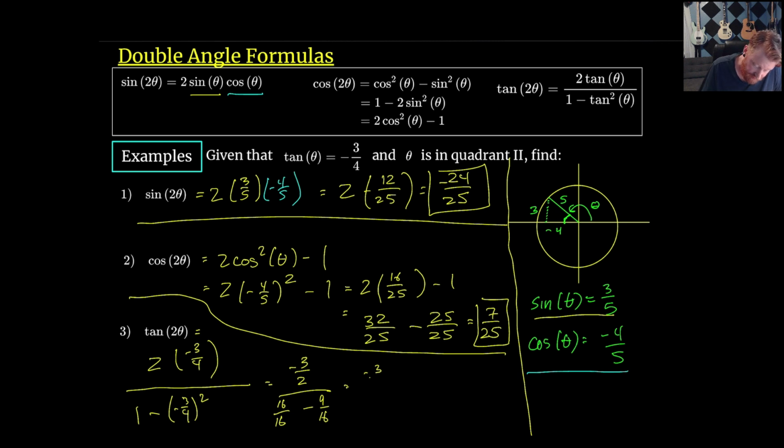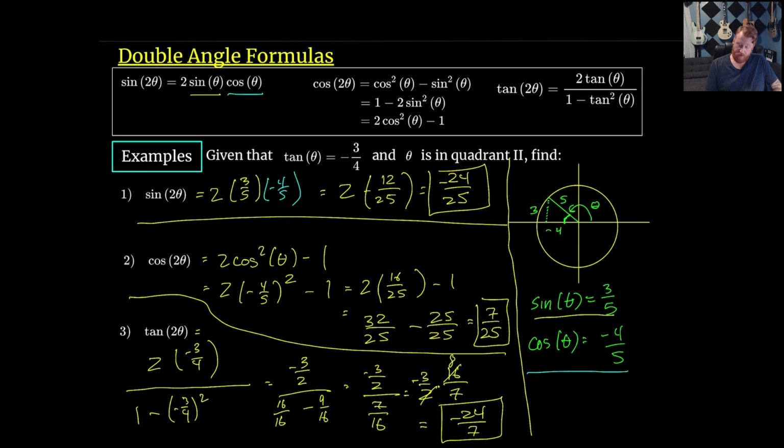So that I get -3/2 over 7/16, which is going to be -3/2 times 16/7. We're going to get some reduction here. This will reduce to 8, and we're going to get -24/7 as our answer here. So there we go. We have got the tangent of 2 theta there.